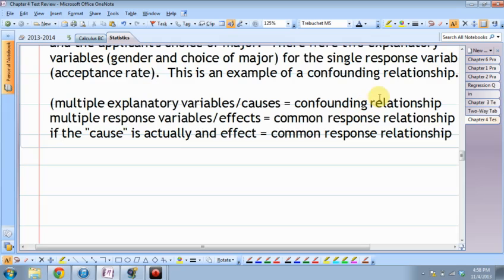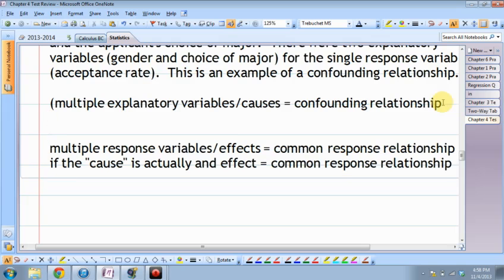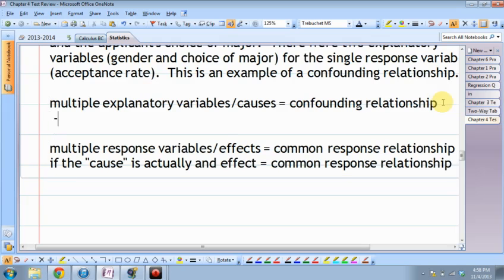So let's see. Confounding relationships. What's an example of a confounding relationship? I remember the one you told me about the blood pills. Is there something else that works compared to that one?